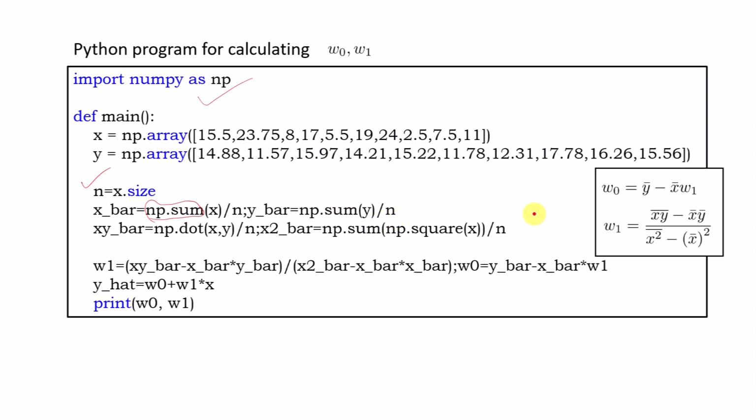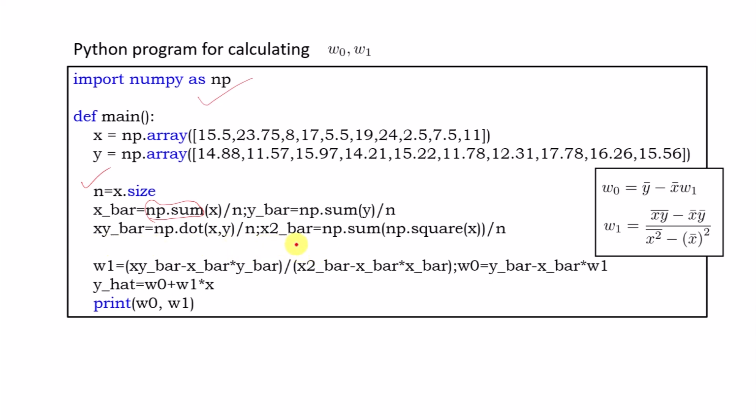Then I need XY bar. To get this XY bar, first I carry out a dot product of X and Y. So the summation of XI, YI will be the dot product of X and Y. X and Y are two vectors. Their dot product will be X1 Y1 plus X2 Y2 plus X3 Y3, etc. I take that scalar product, divide by N, I get the average value of XY.